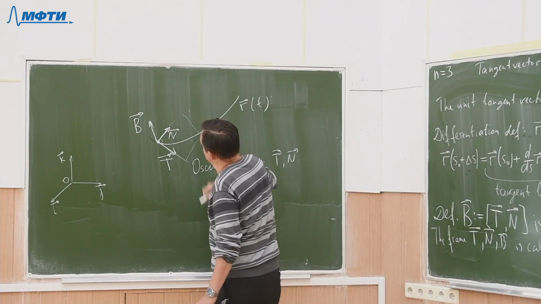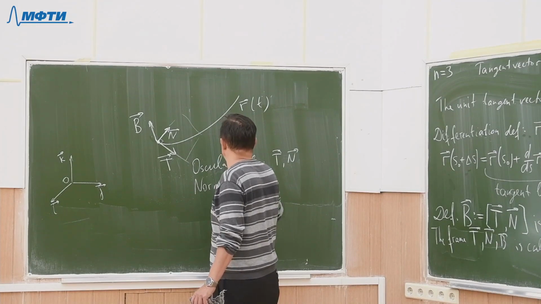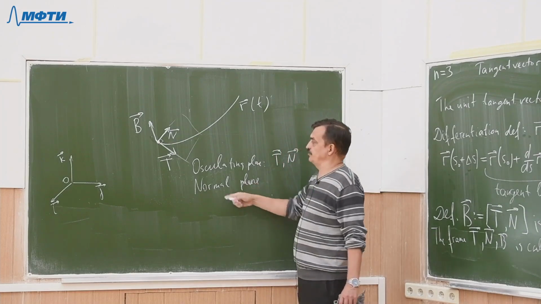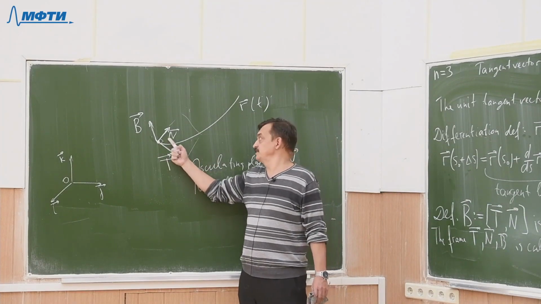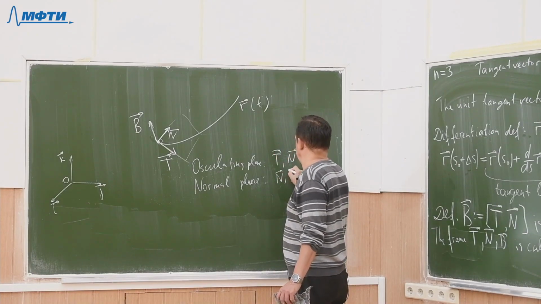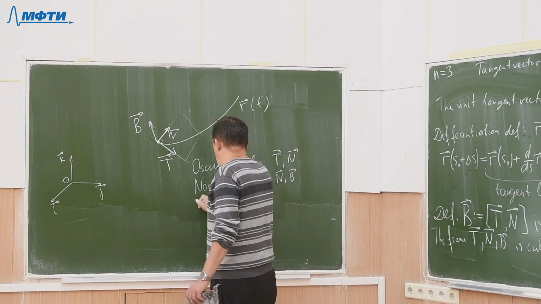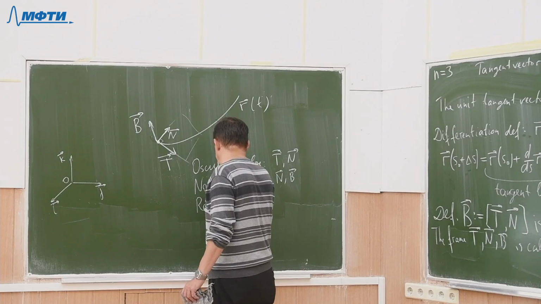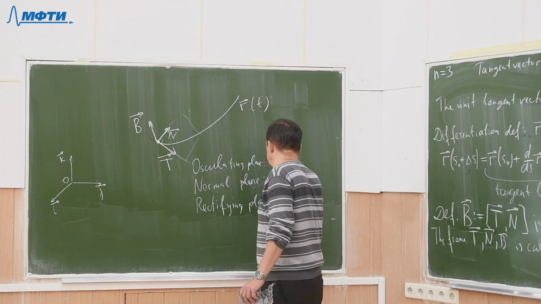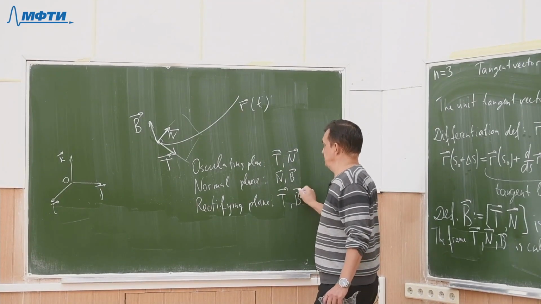Then the normal plane. The normal plane, of course, is orthogonal to T, so it is generated by N and B. And the third plane is called the rectifying plane. That is orthogonal to N, generated by T and B.